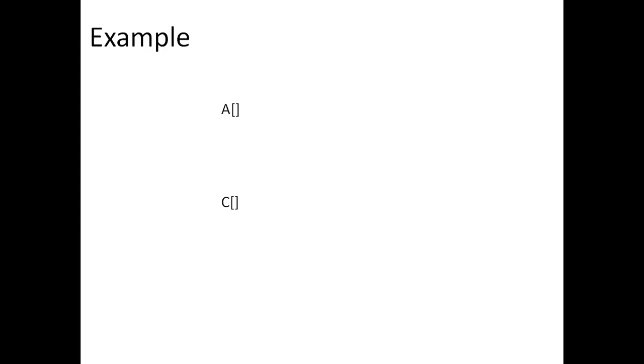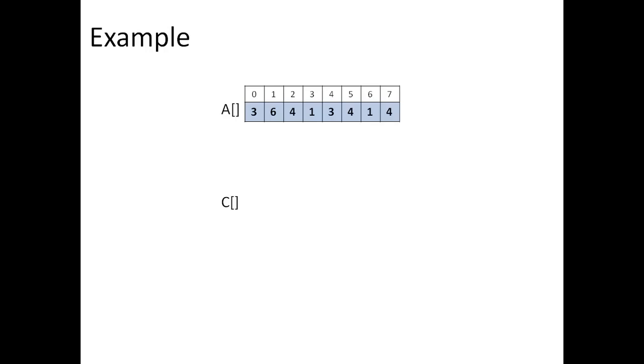Let the name of the final output array be capital B and that of the temporary array be capital C. In this example, there are 8 input elements which are to be sorted and they are stored in an array A.